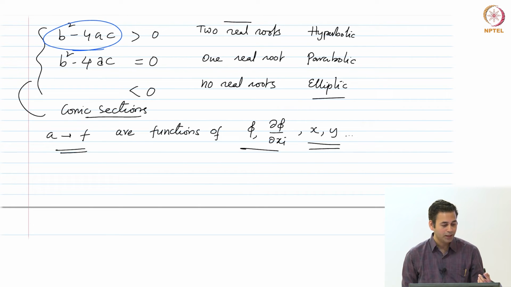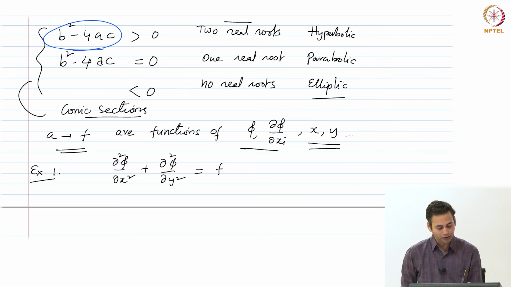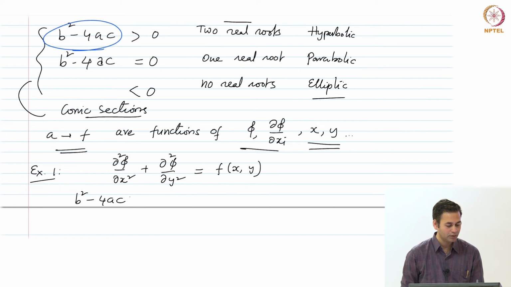For example, let's look at example 1. We take the Laplace equation, partial squared phi by partial x squared plus partial squared phi by partial y squared equals some function, or the Poisson equation, some function of x, y. Can you tell me what b squared minus 4ac is here?